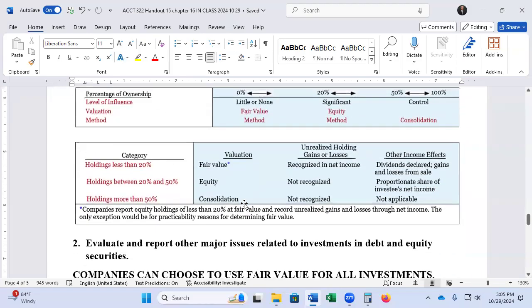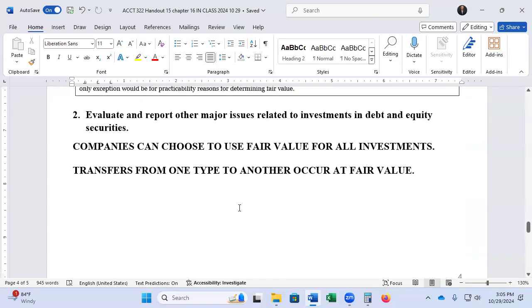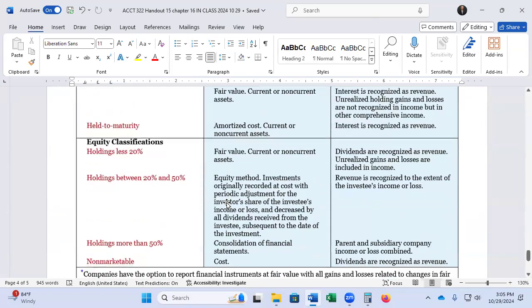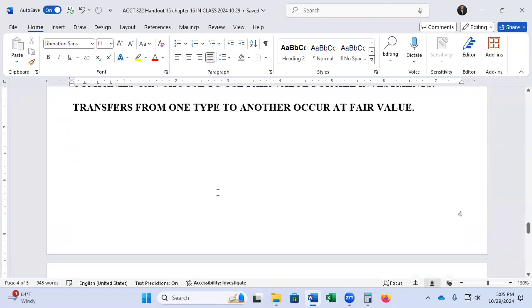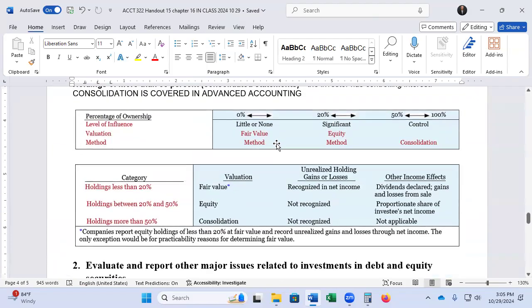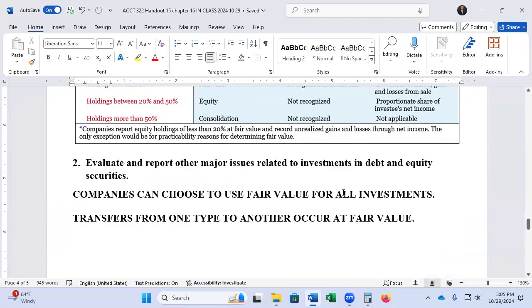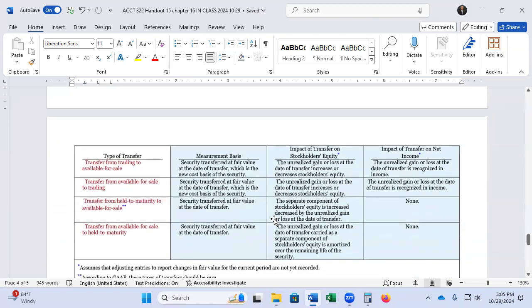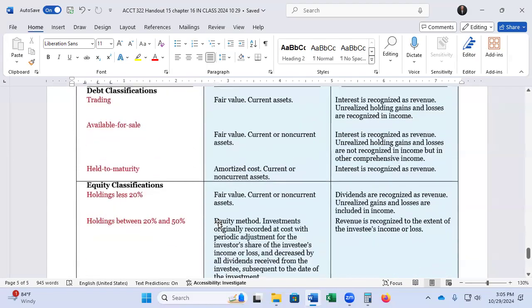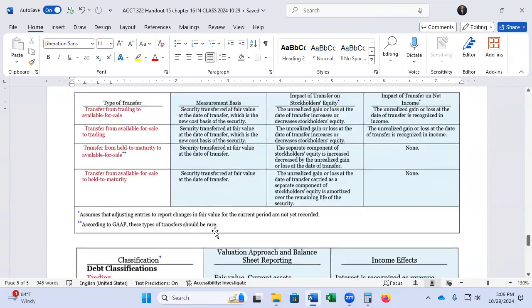Any questions on this handout? So what you'll find on the rest of this is that I've carried over some of these things so that you can just look at these. And all it is a summation that we talked about. Now, companies can choose to use the fair value for all investments, and transfers from one type or another occur at fair value. And so this will help you with any of that information.